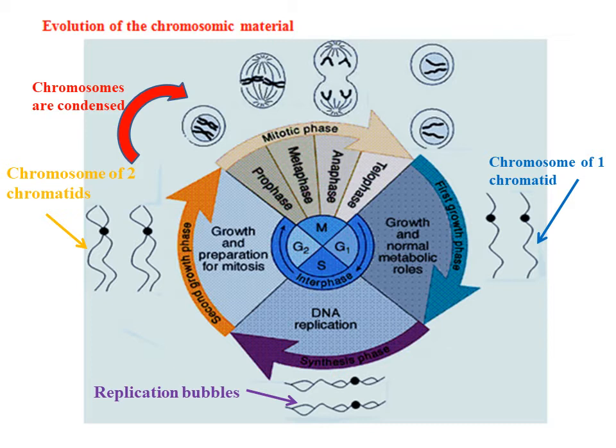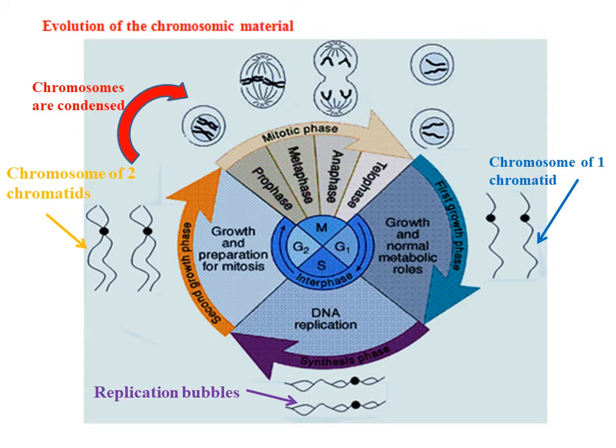Then anaphase, where the sister chromatids are separated and migrate to opposite poles, which is called polar ascension.